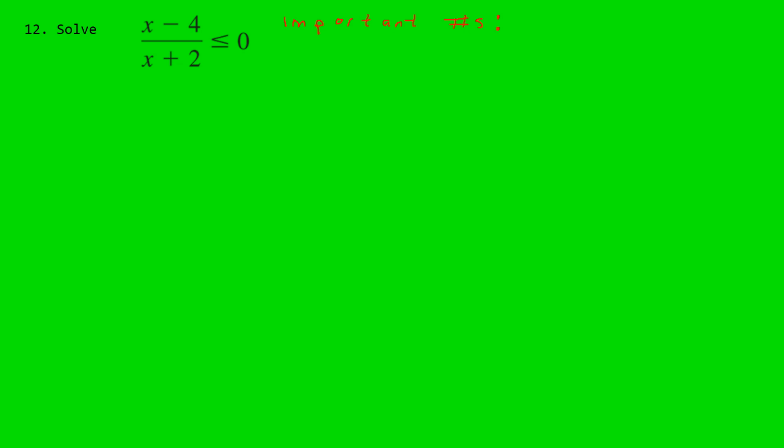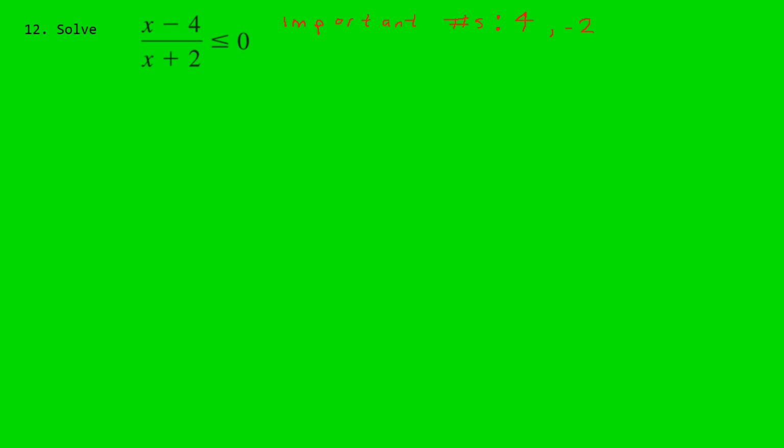Zeros at the top and zeros at the bottom. The zero at the top is obviously 4, because then you have 4 minus 4 equals 0, and that makes the whole thing 0, and 0 is less than or equal to 0. The other one is negative 2. That's a zero of the bottom. That makes the bottom 0.